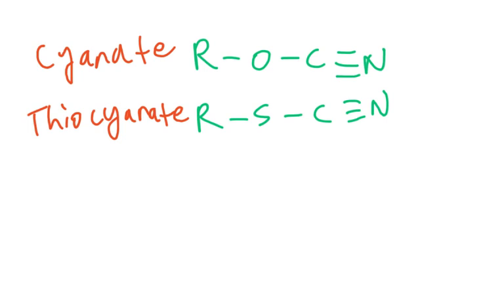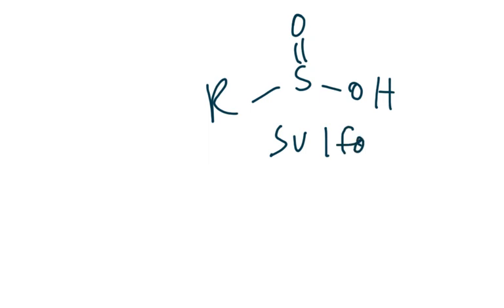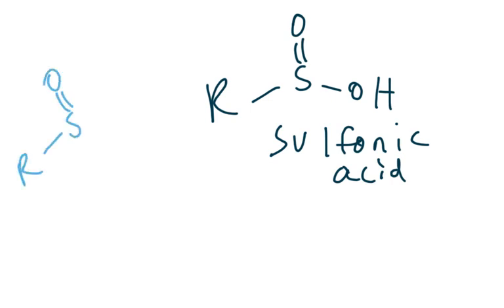And speaking of sulfurs, if we remember back to this functional group, we said this was the sulfonic acid functional group. If we drew something else that looked like this, but instead of drawing an OH off the sulfur, we drew another R group, this would be called a sulfoxide functional group.